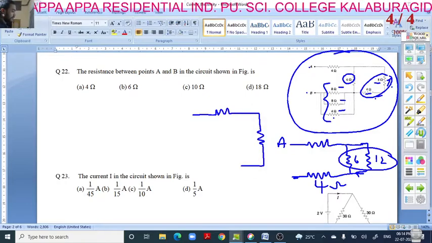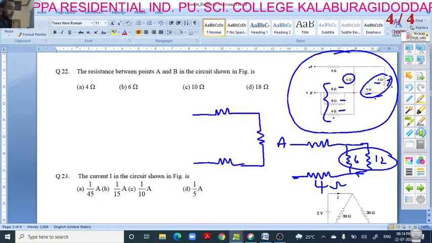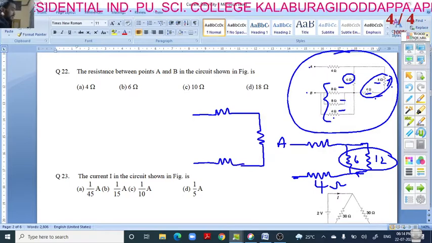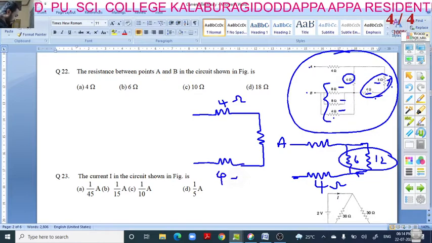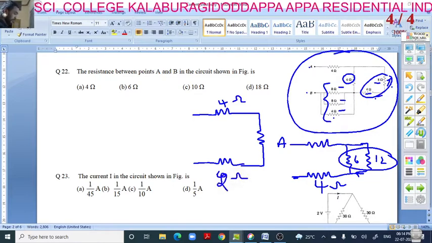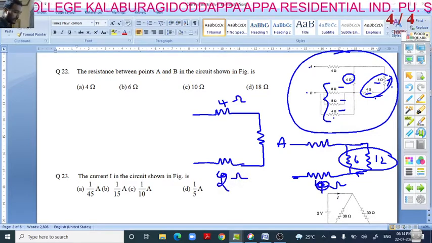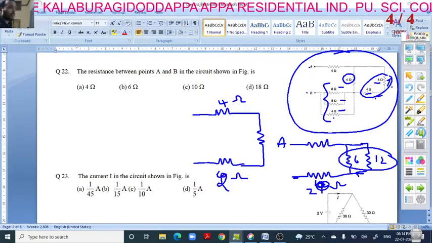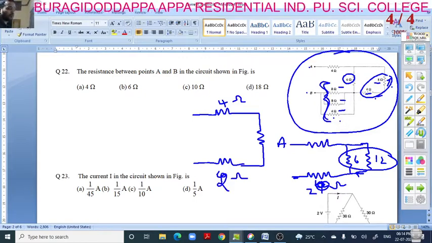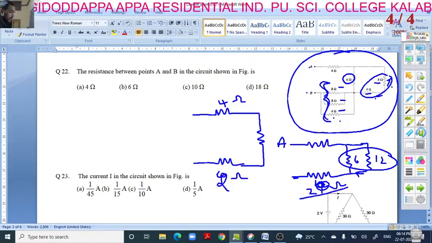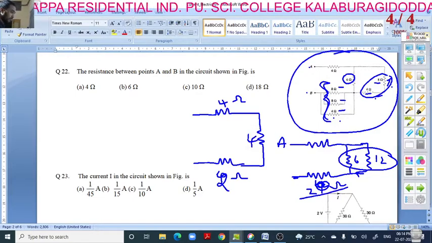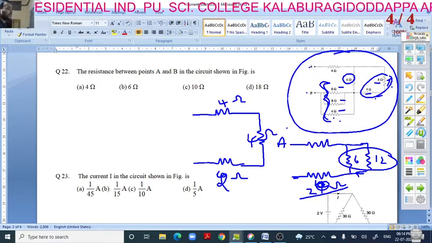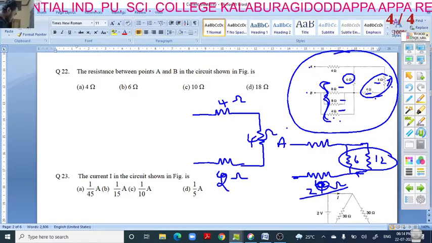this is our final circuit after simplification. This is 4 ohm, this is 4, this becomes 2 ohm. It is actually not 4 ohm, this becomes 2 ohm. Just apply the parallel formula to this section and you will get 2 ohm. So this is 2 ohm I have written, and this will become 4 ohm, right? This is our simplified circuit.